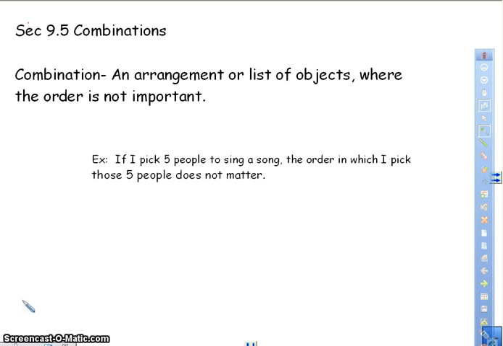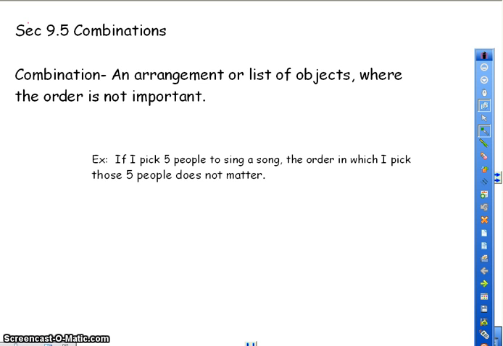But if I'm just having 5 people sing a song, it doesn't matter in what order I stand them. They're all doing the exact same thing. First, second, third, fourth, and fifth is not important.